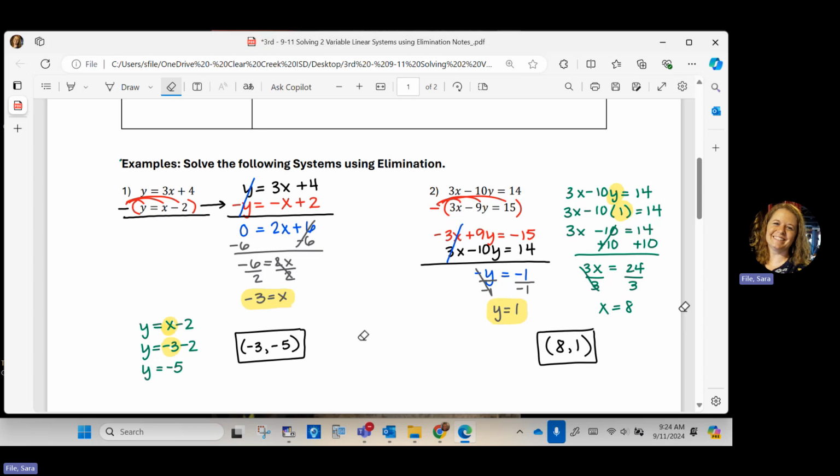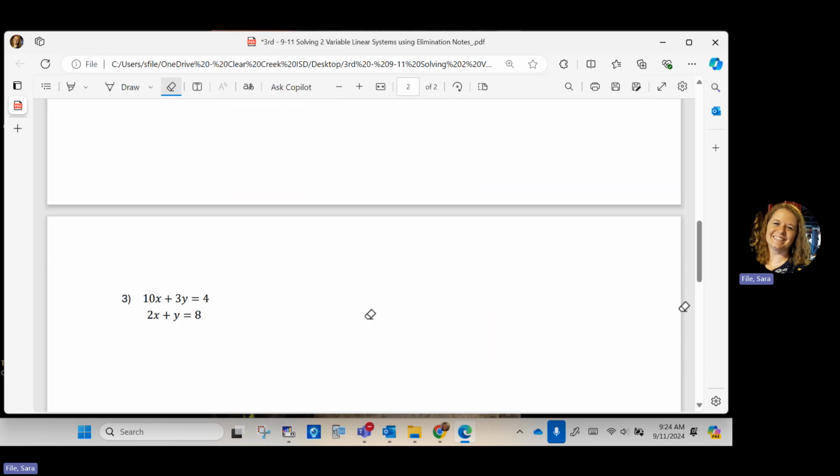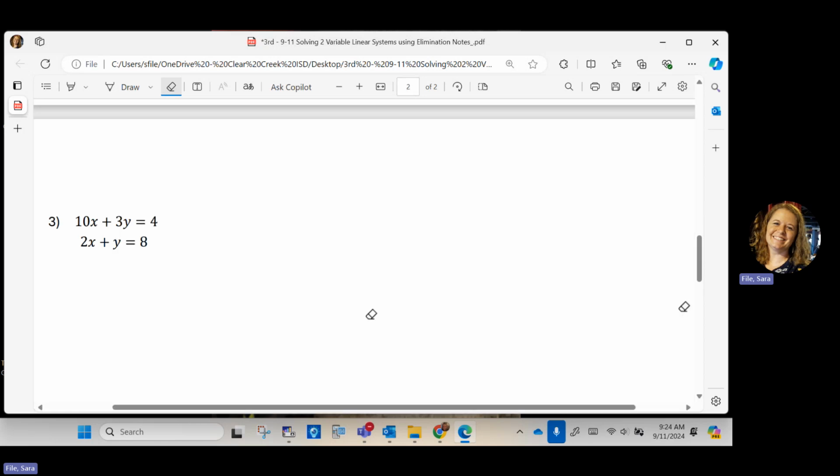If you want to use substitution every single time, great. If you want to use elimination every single time, great. I don't use the same one every time. I look at how the equations are given to me, how they're set up, and which one makes more sense or looks like it would be easier to do for that particular problem. So I use both. I don't have a preference one over the other unless it's the way that the equation is set up. That's what makes me prefer one for that specific problem.